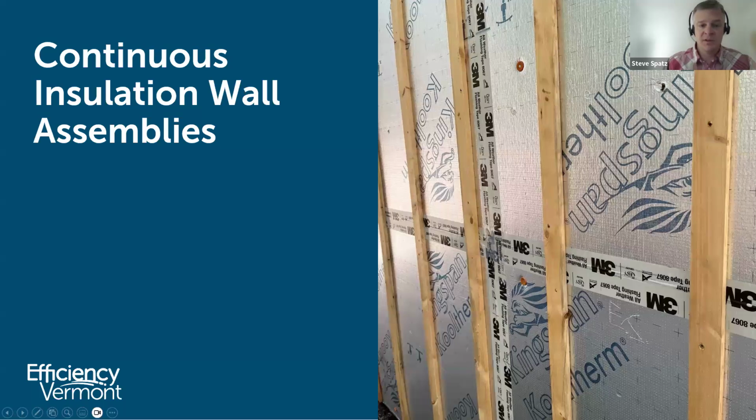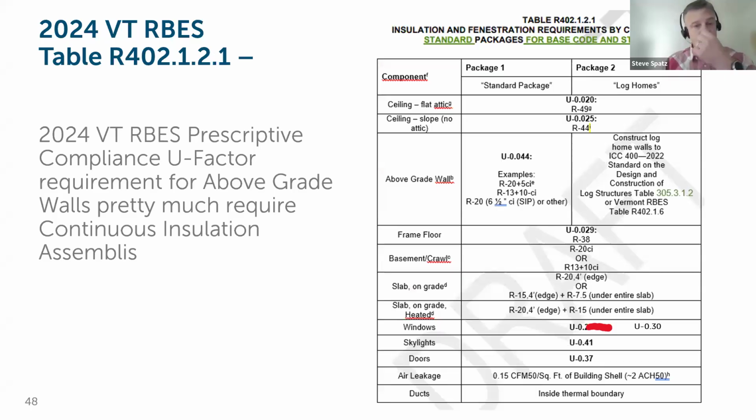So, continuous insulation wall assemblies. The 2024 Vermont RBES, which went into effect last July 1st, now requires some sort of continuous insulation wall assemblies. The prescriptive requirements in the code have now gone from an R-value for cavity as a minimum that needs to be met to a U-factor of the total assembly.